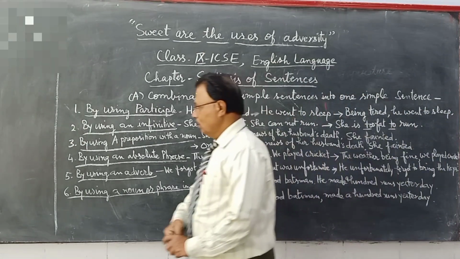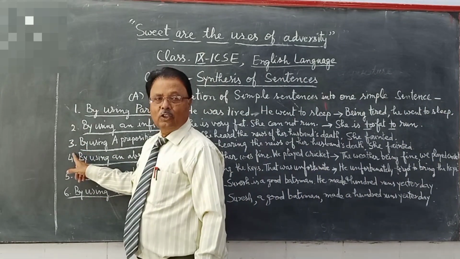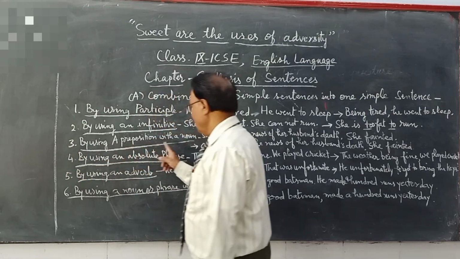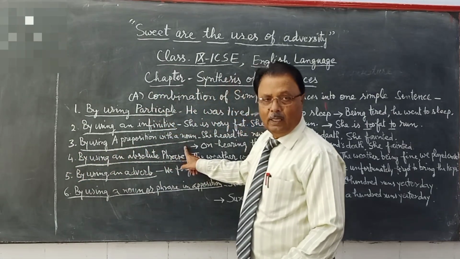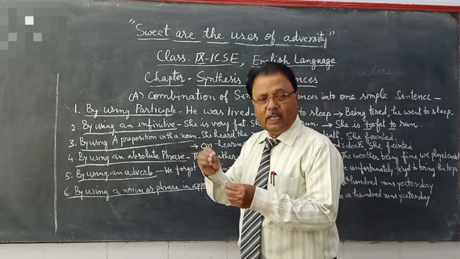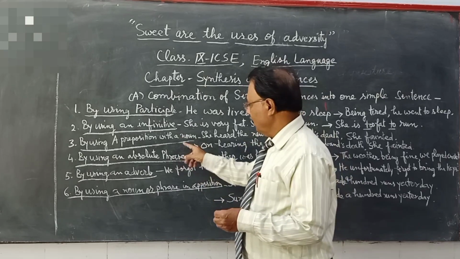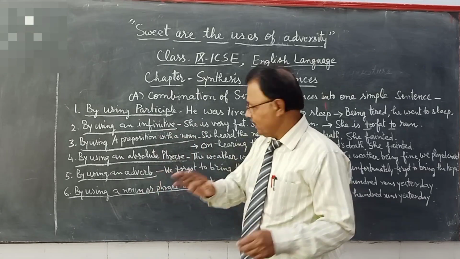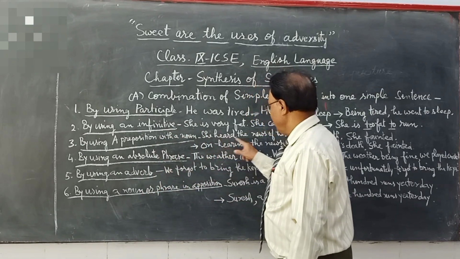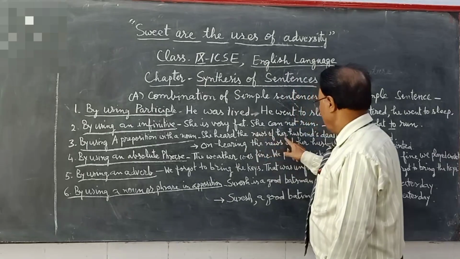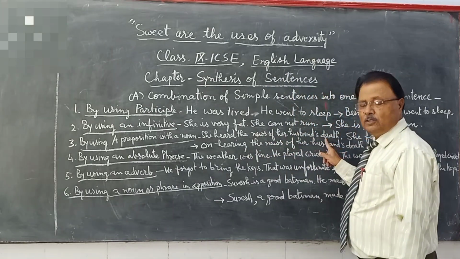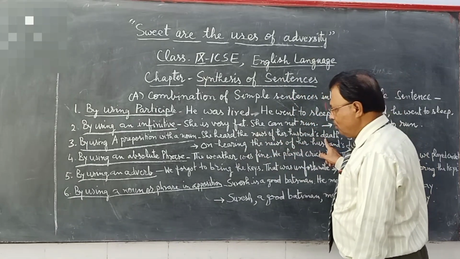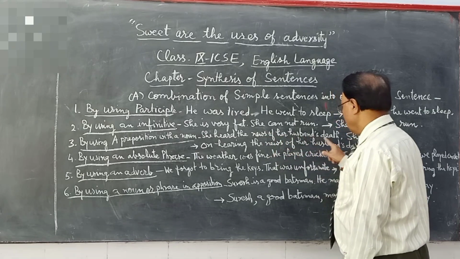Now we come to the third point: by using a preposition with a noun. First of all, we write a preposition, then a noun, and the second sentence remains the same. For example, she heard the news of her husband's death.